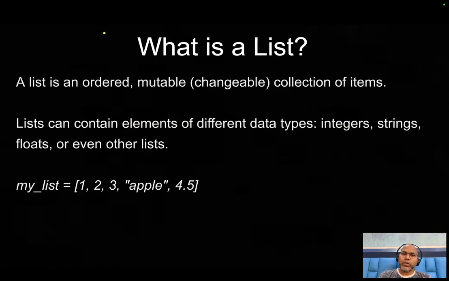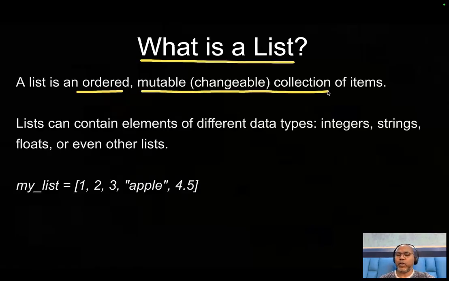So what is the list? The question first. A list is an ordered collection, a mutable or changeable collection of items.